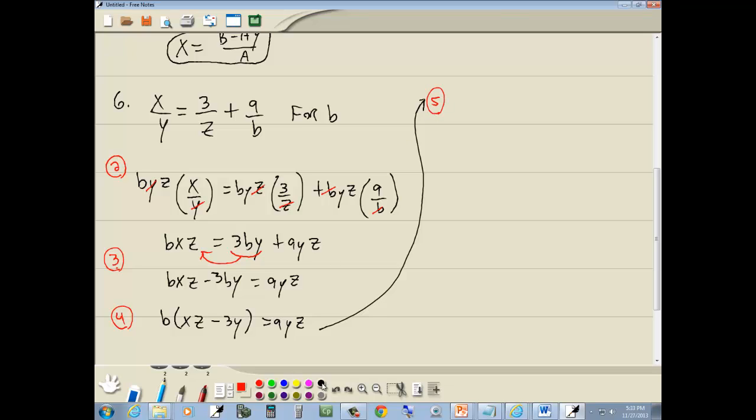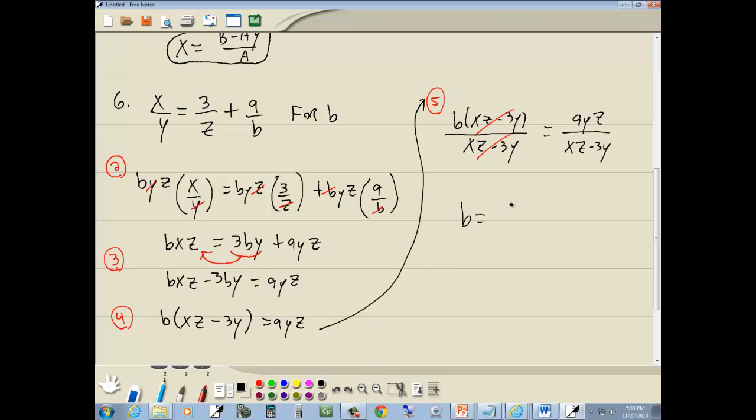Step 5. Divide both sides by what's in front of or behind the variable you're solving for. There's an xz minus 3y after, so I'll divide both sides by that. So xz minus 3y equals ayz over xz minus 3y. So those are going to cancel.